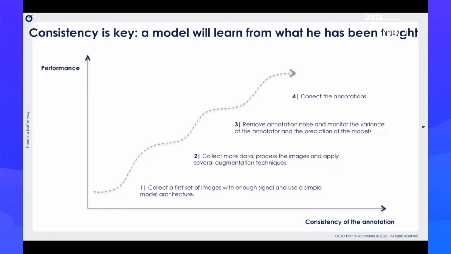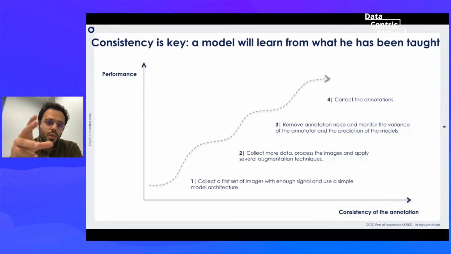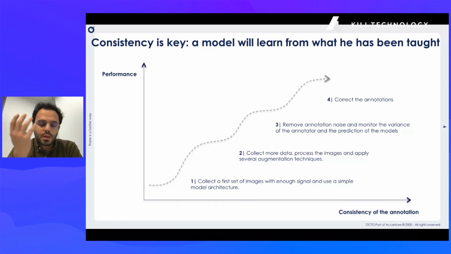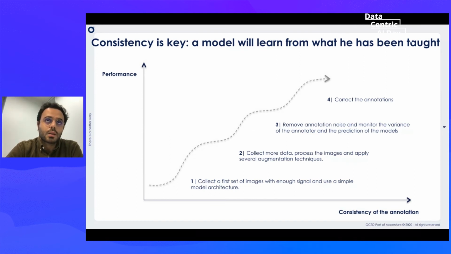So if the data is not of good quality, or your annotation is not consistent, meaning that you annotate the same thing but with different annotations, you will have a model that is completely lost, and you can have an enormous amount of data, it doesn't matter.